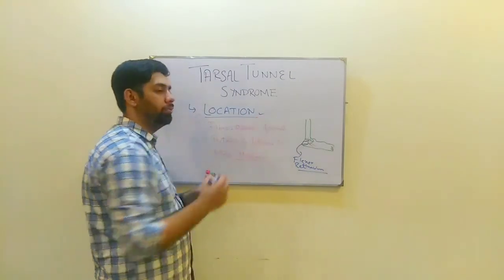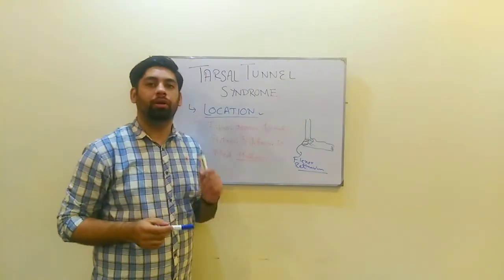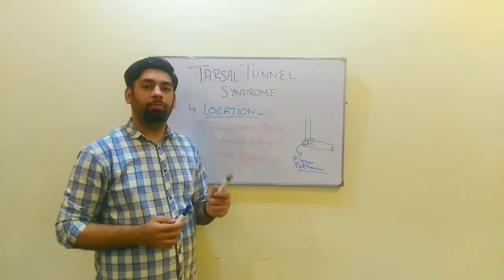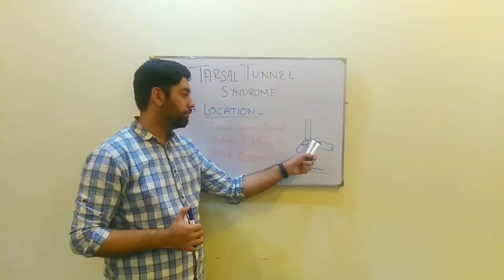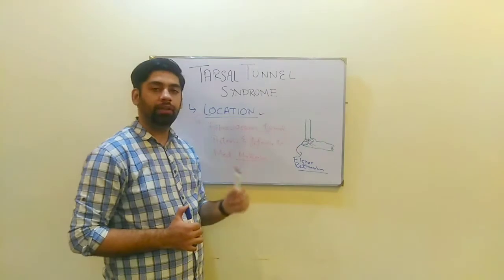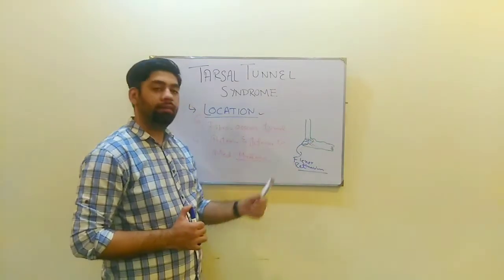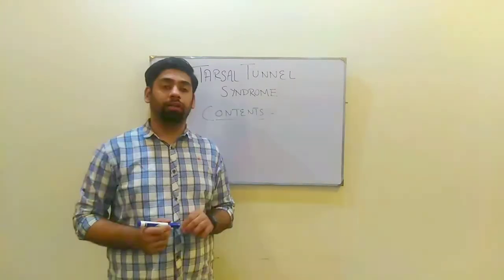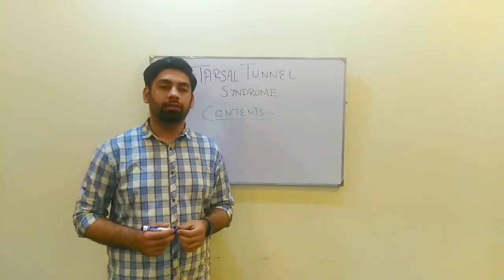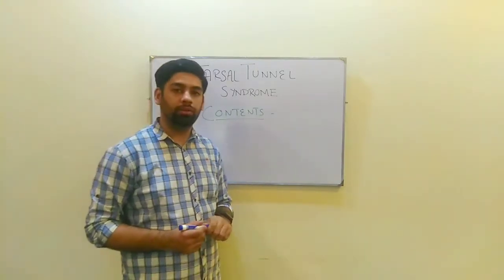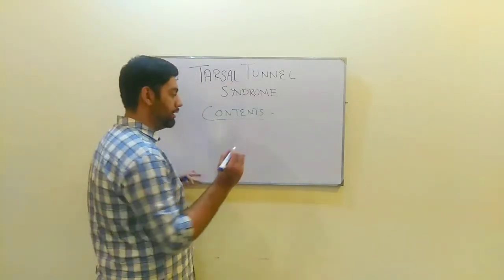So if anyone asks about the location of the tarsal tunnel, you have to tell them that it is a fibro-osseous tunnel which is located posterior and inferior to the medial malleolus, and it is covered by the flexor retinaculum. Now the contents passing through the tarsal tunnel: there are in total 5 contents that pass through it, which are, the first one is the tibialis posterior.